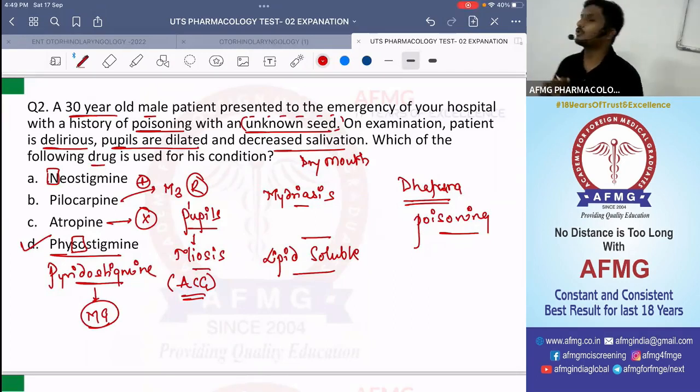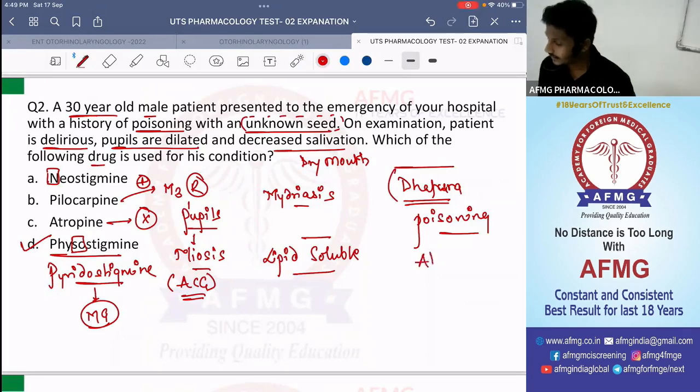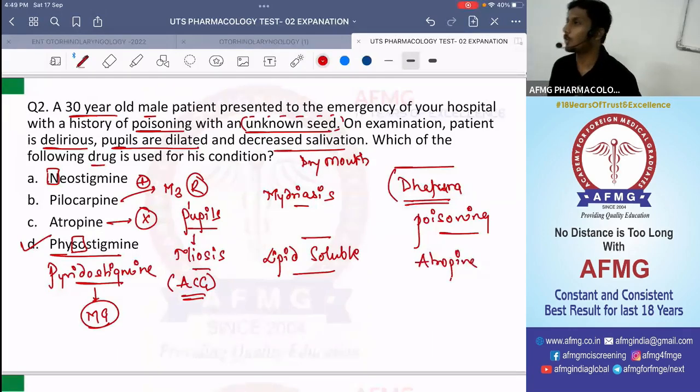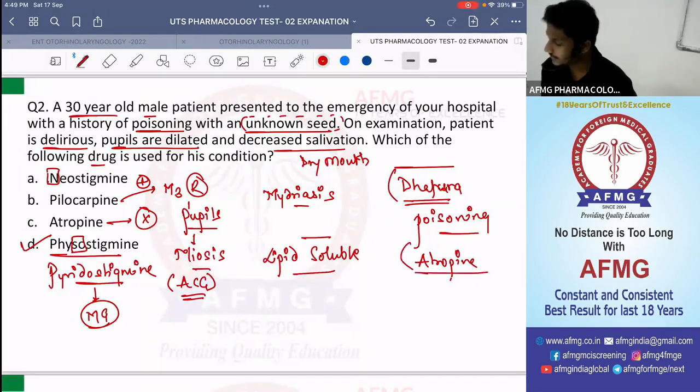So physostigmine is used for two poisonings. First, that we discussed, dhatura poisoning, and second, similar action was also caused by atropine. So in case of atropine toxicity or atropine poisoning also, the drug of choice will remain the same, that is physostigmine. Atropine is derived from a plant known as Atropa belladonna.